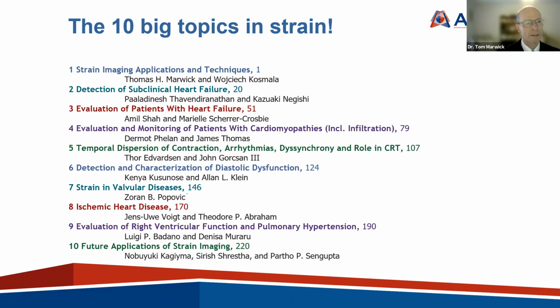So the first is about applications and techniques, and then we went into left ventricular topics about subclinical heart failure, the evaluation of people with symptomatic heart failure, cardiomyopathies, some very interesting stuff about the use of strain in arrhythmias and CRT, diastolic dysfunction, and then the non-LV topics, the valvular heart disease, ischemic heart disease, right ventricular function, and then some very interesting things about the future applications of strain.